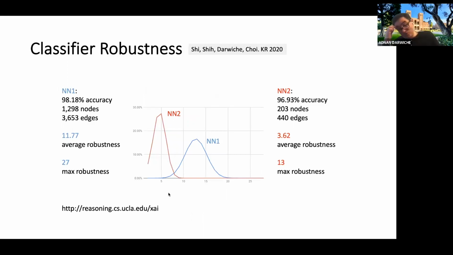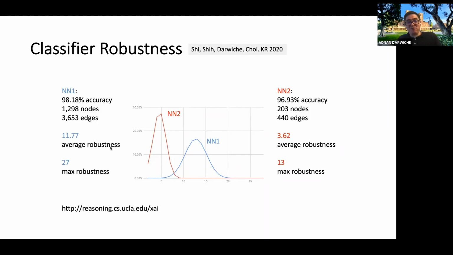But just to show you an example here, these neural networks are pretty small, but still illustrative. They're doing 0 versus 1. Both were compiled. There are 2 of them, and they have relatively similar accuracy. And you see the tractable circuits were pretty small.